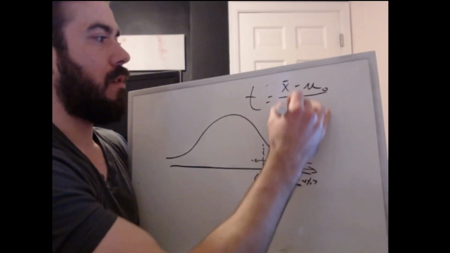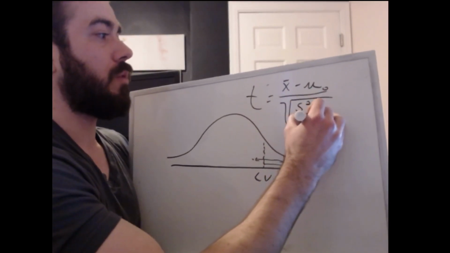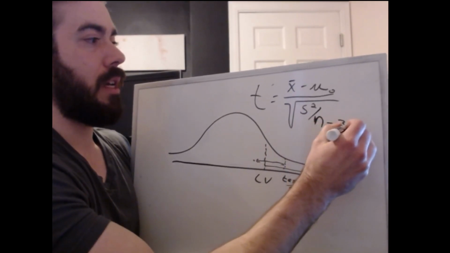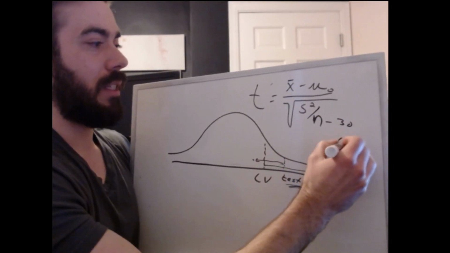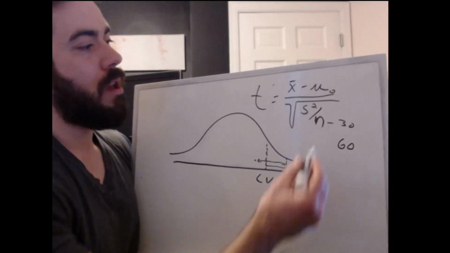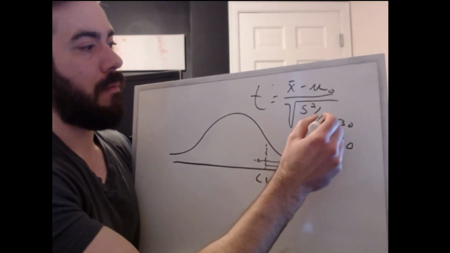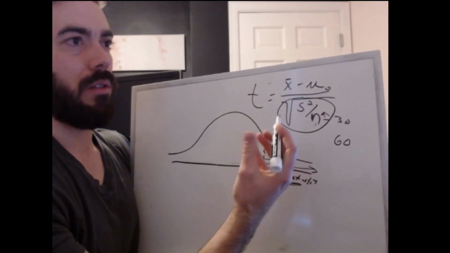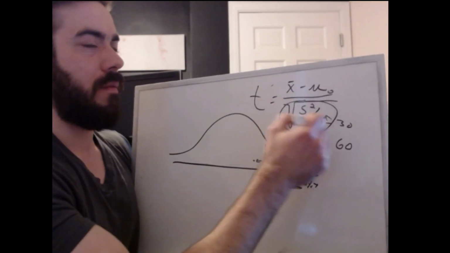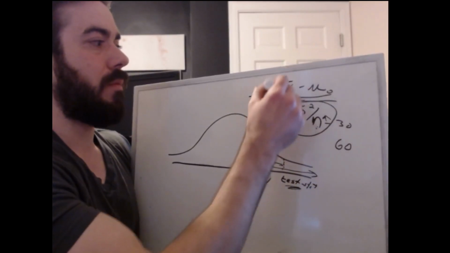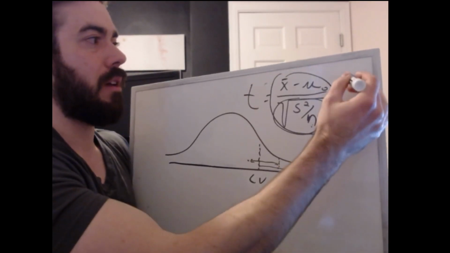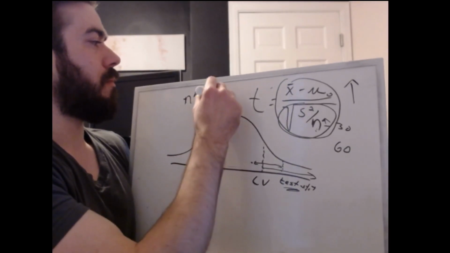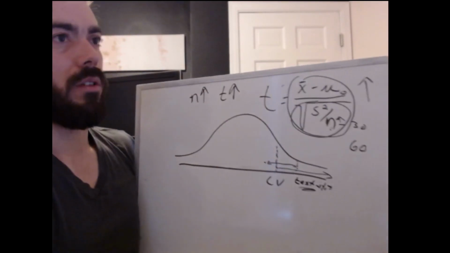This was my test statistic equation, right? If instead of 30 here, I go to 60, what's going to happen? Well, if this denominator goes up, this whole thing gets smaller. If I'm dividing by a smaller number, then my test statistic ultimately would go up. So if n goes up, my test statistic would also go up.